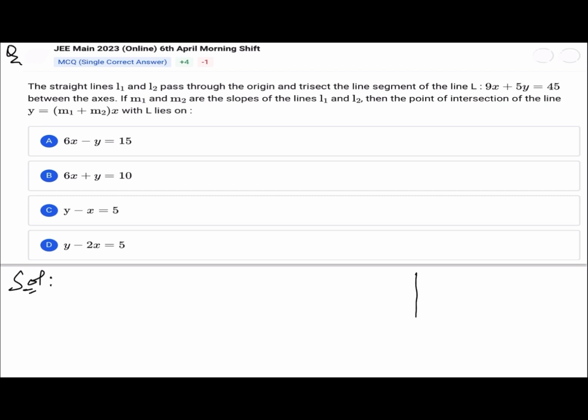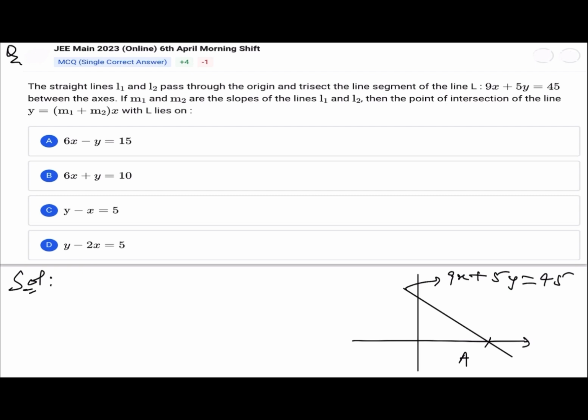What is the scenario here? 9x plus 5y is equal to 45 is a line.